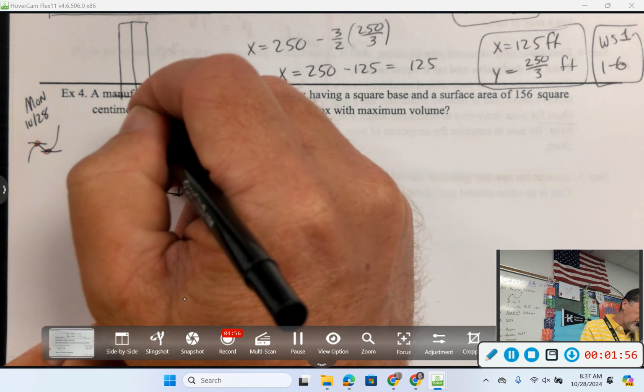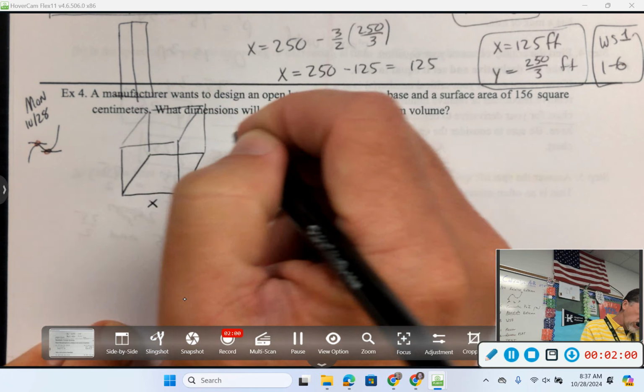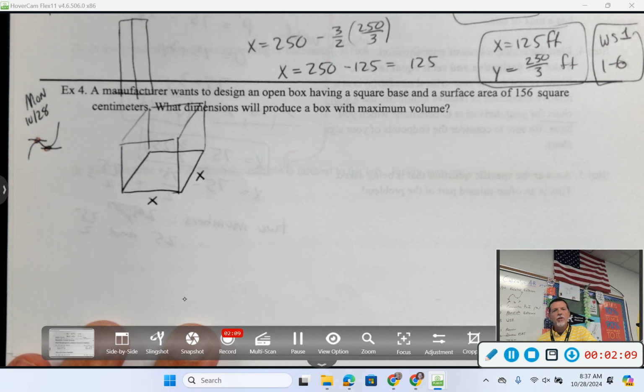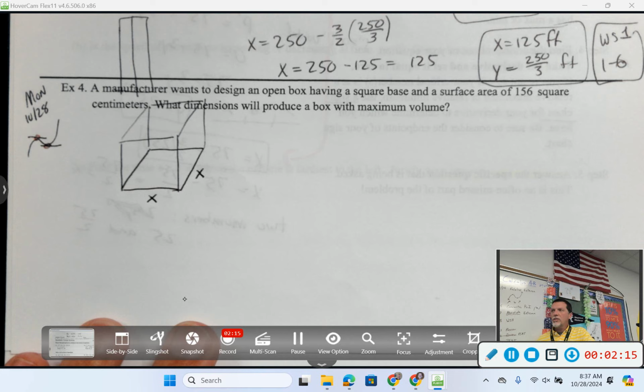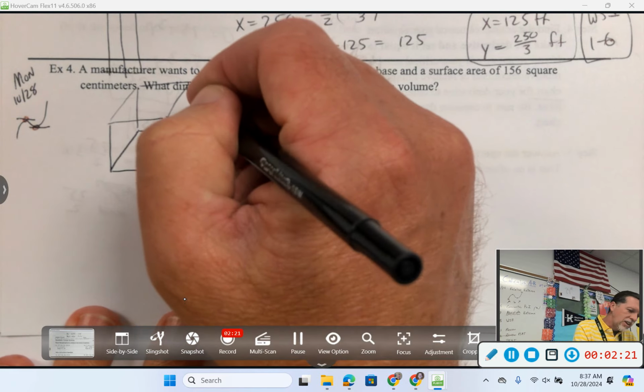And then we've got to figure out how tall the box is. This is art class today. You can draw a 3D box. What dimension do you want to use for the height? Doesn't matter. Just what letter do you want to use? H it is.